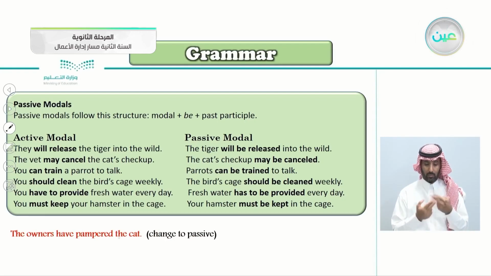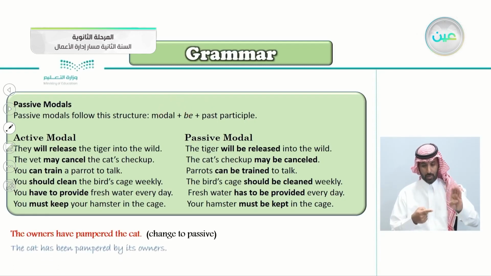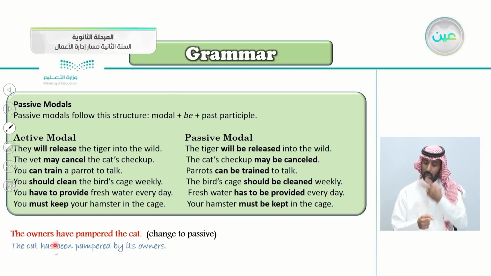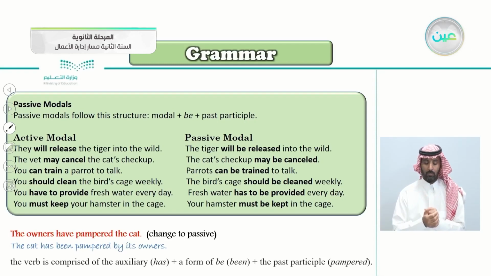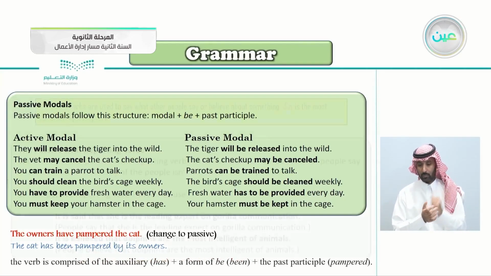We begin with the object, then the modal verb, then be, then the past participle. So we say the cat has been pampered by its owners. If you want to add the subject, you say by, then you write the subject, its owners. The verb is comprised of the auxiliary has, plus the form of be, been, then the past participle, pampered.